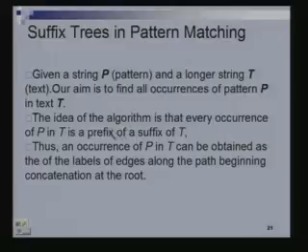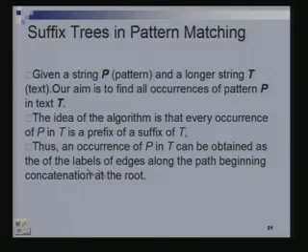So the idea of the algorithm is that every occurrence of P in T is a prefix of a suffix of T. अगर आपका पैटर्न P टेक्स्ट में अकर करता है, तो कोई एक ऐसा सफिक्स है उस टेक्स्ट का जिसका पैटर्न P एक प्रीफिक्स है, ठीक है। So thus an occurrence of P can be obtained as a concatenation of the labels of edges along the path, beginning at the root. So we can come down the tree, and the concatenation of that will give us the pattern.